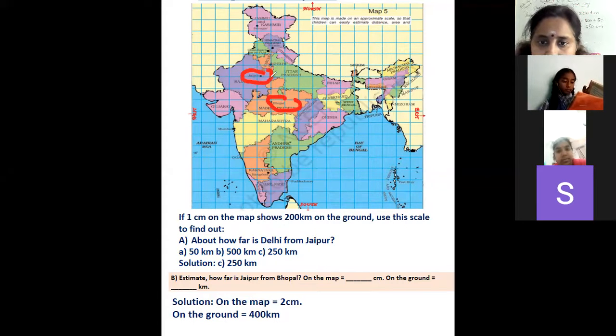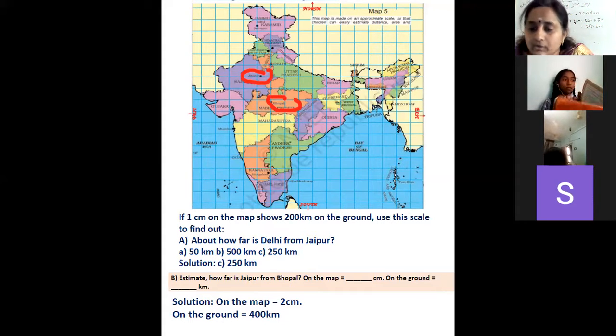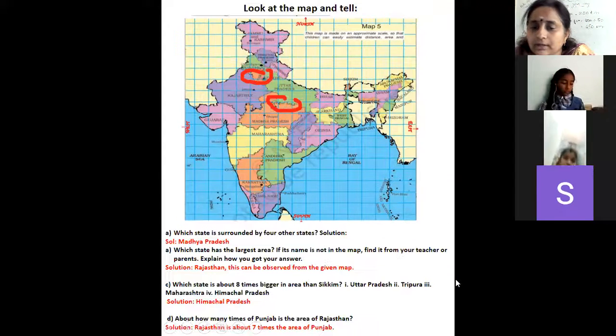On the map it is 2 centimeters. So on the ground, how many kilometers? 1 centimeter equals 200 kilometers, so 2 centimeters is 400 kilometers. You can use the scale to find out.